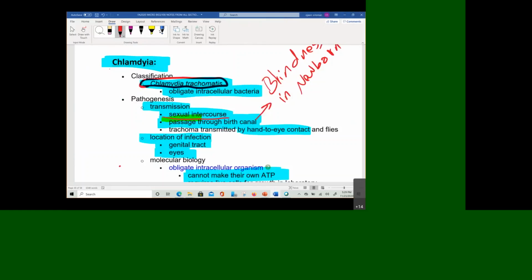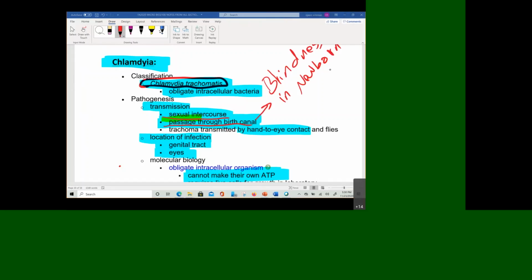So during childbirth, when the newborn baby's eyes come into contact with the vaginal birth canal that's infected with chlamydia, it can actually acquire it that way.